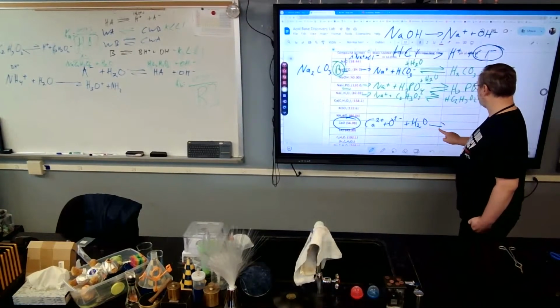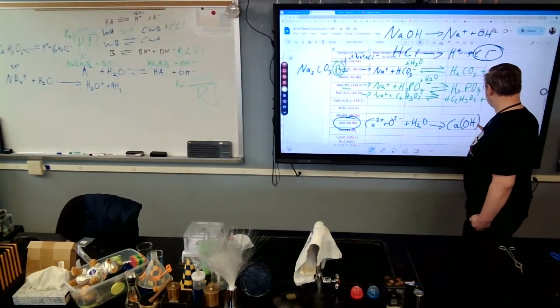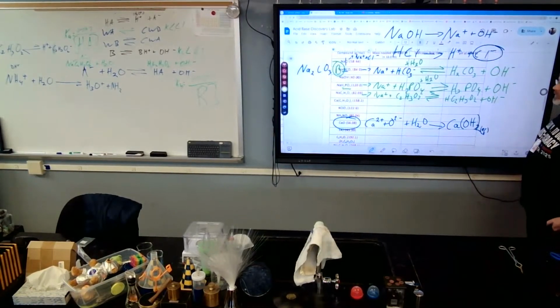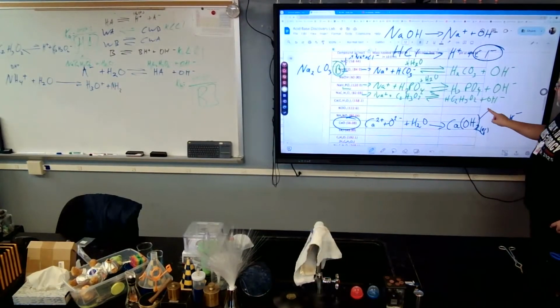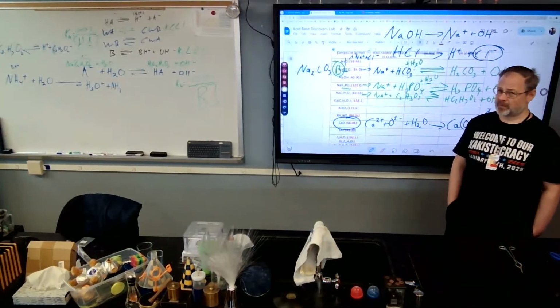So what forms is Ca(OH)2 aqueous. To form that, you need to pull some protons from water, and then the hydroxides also donate to water. So an oxide is always strongly basic.